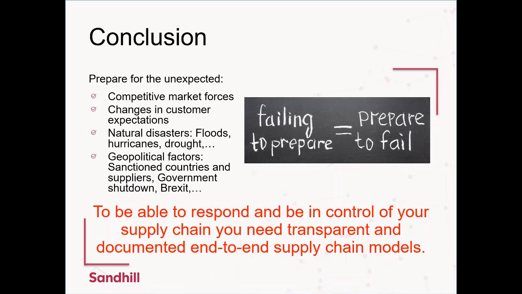But the point it's making is that if you don't really understand what your supply chain is, if you don't understand what the links are within the supply chain, and you don't understand who your suppliers and your suppliers' suppliers are, then you are really exposing yourselves to situations where you might not be able to respond rapidly.